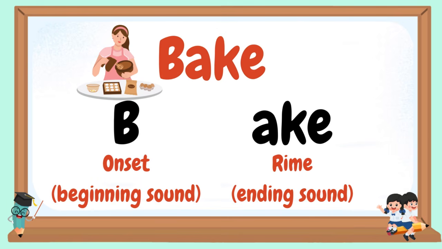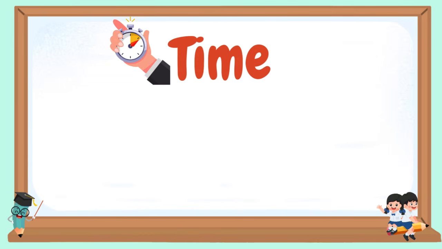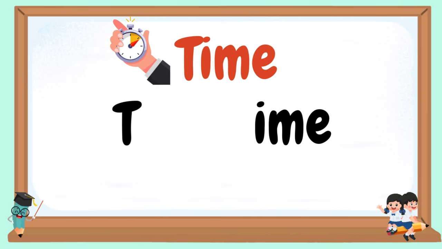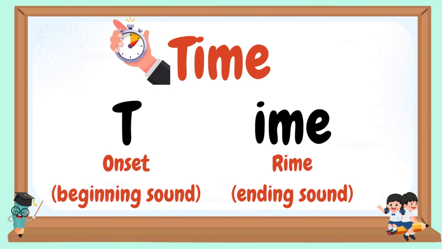B, onset or beginning sound. Ake is the rhyme or the ending sound. Time. T, ime. T is the beginning sound. Ime is the ending sound.